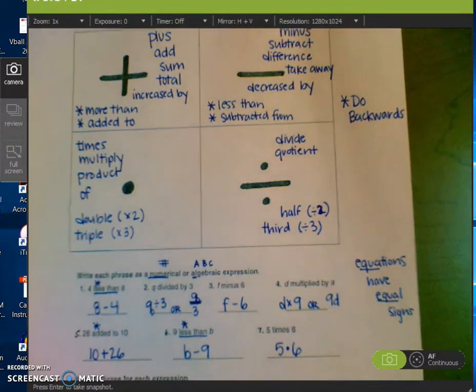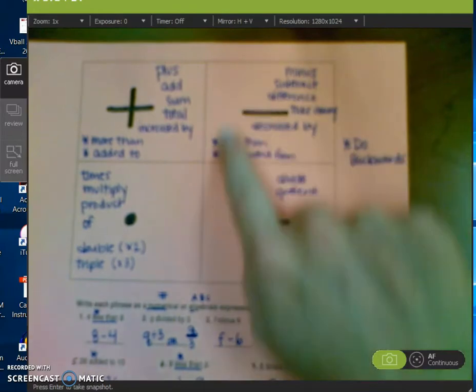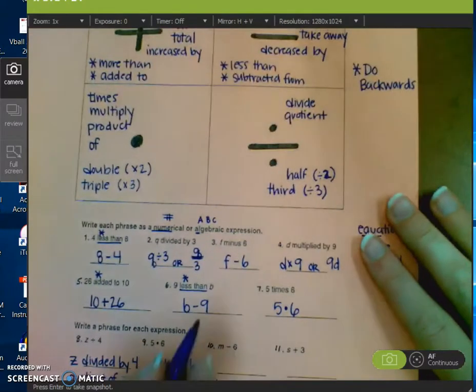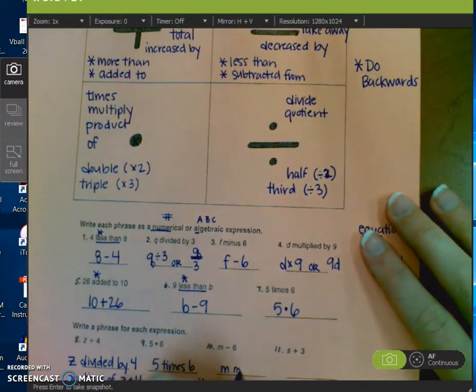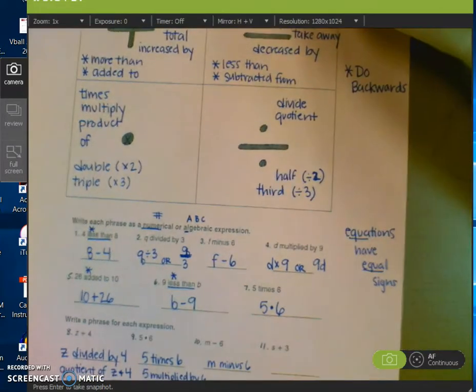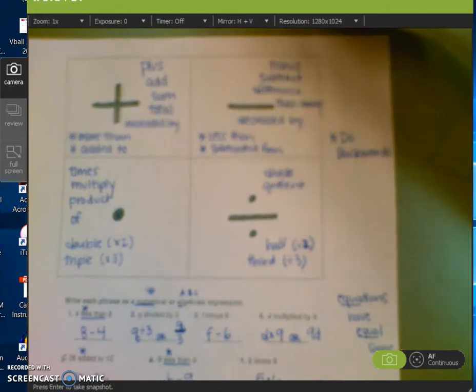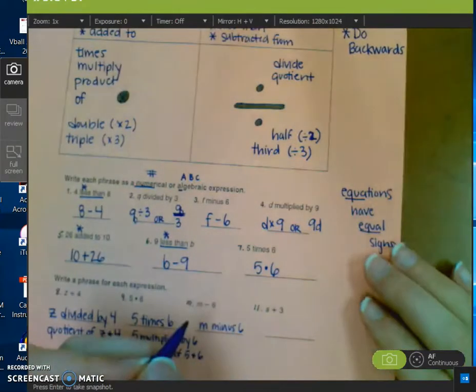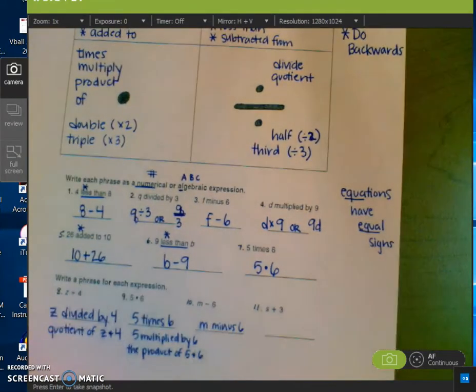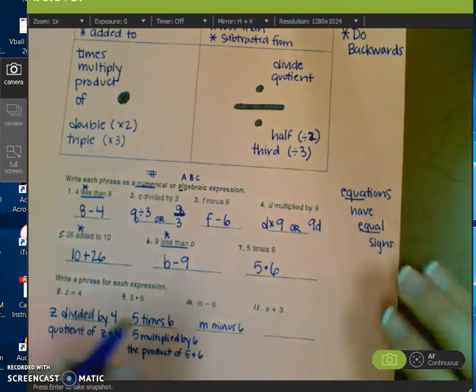For m with the subtraction sign and 6, I can go up here to my words. I could use minus. So you could have said m minus 6. If you look up here, you've got subtract. M subtract 6. That doesn't sound quite as flowy, so I'm not going to use that one yet. The difference of.